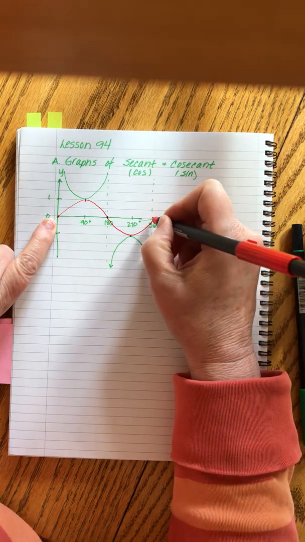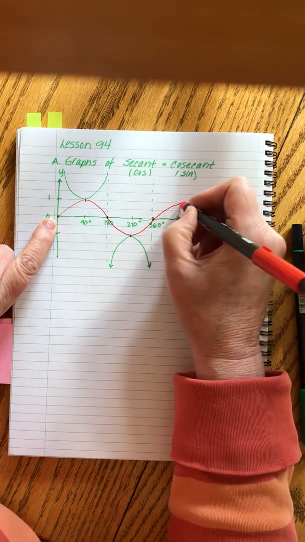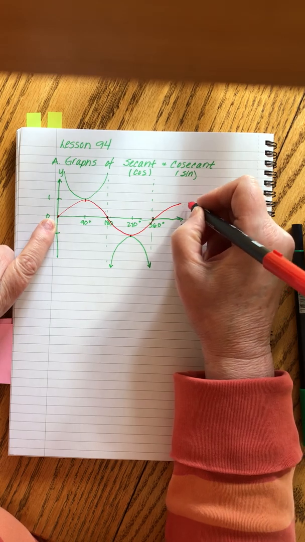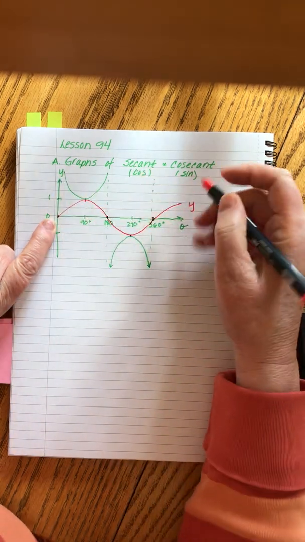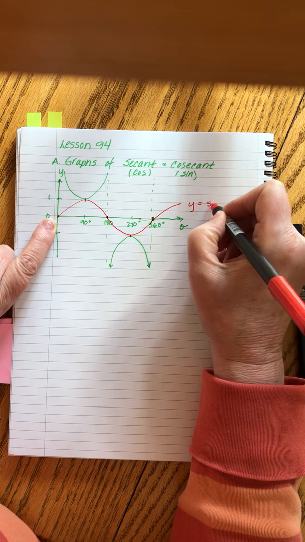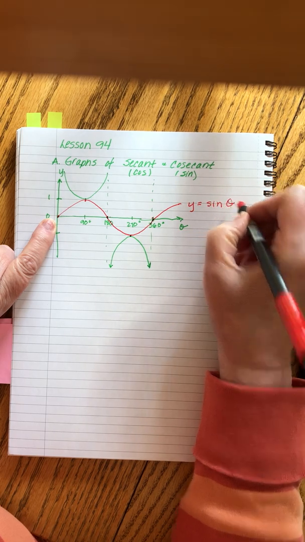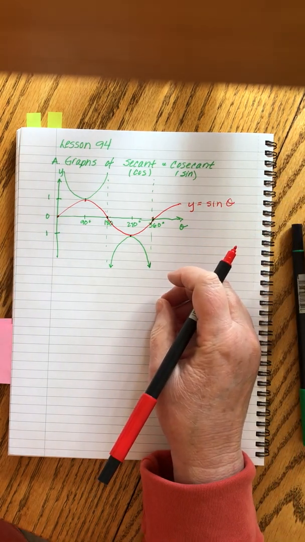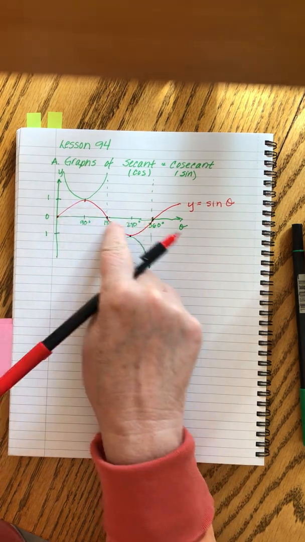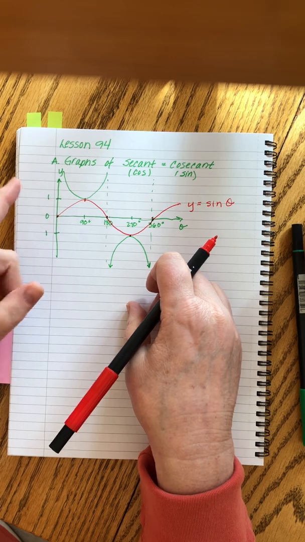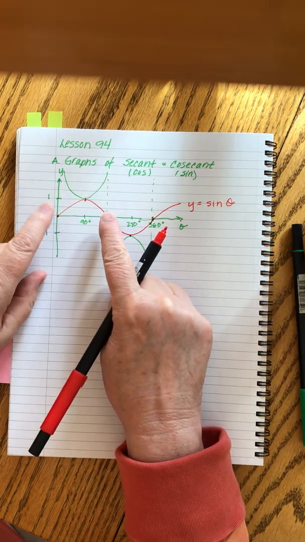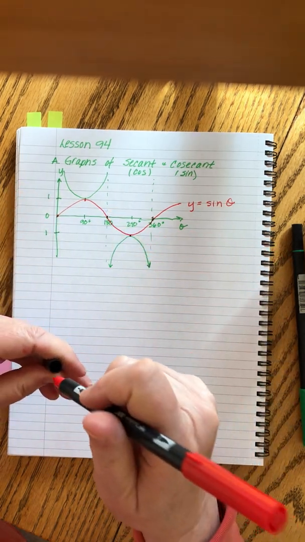The red one, I'll just make it go like this so I can write by it. This is y equals the sine of theta, right? That's easy. We know that's the sine curve, and there's nothing fancy about it, right? The amplitude, the center line, the phase, the period, everything looks really standard.